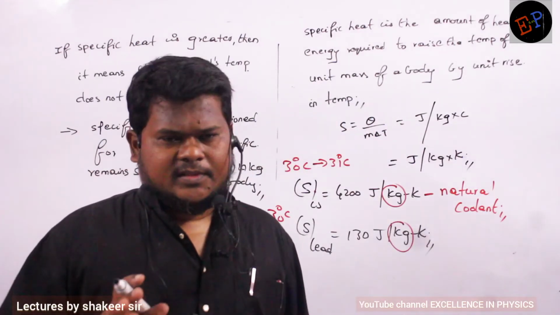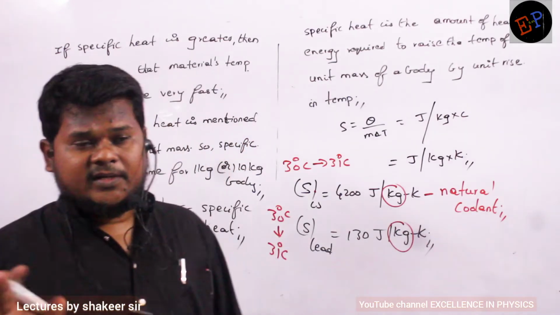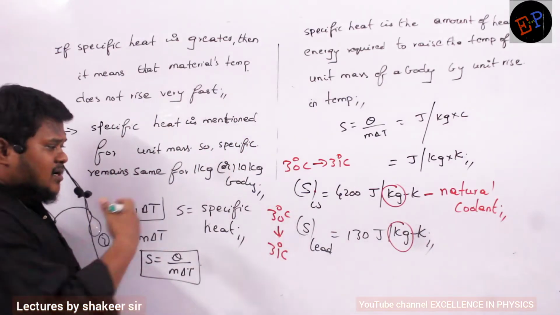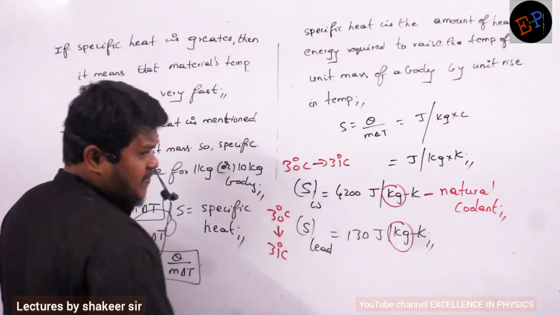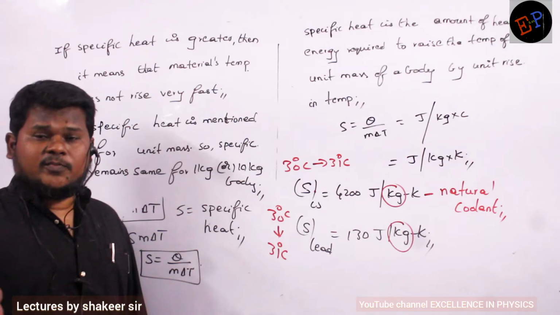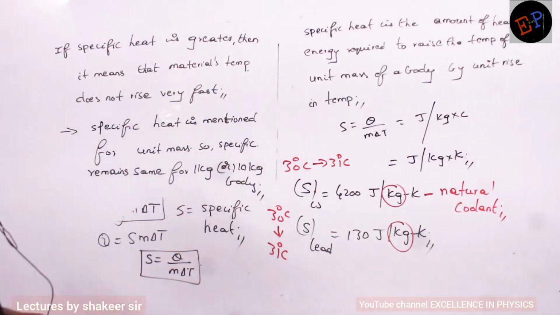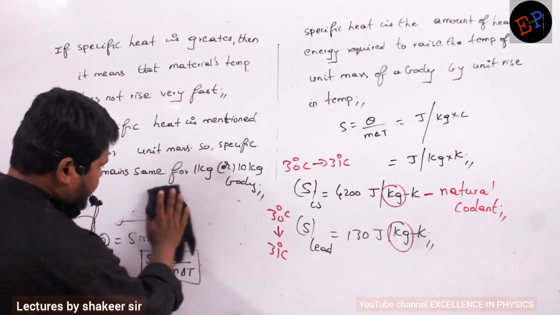Because it is not dependent on mass. So for 10 kg, 100 kg, 1000 kg body, specific heat also will be same. So therefore what we write, it is independent of mass of the body.